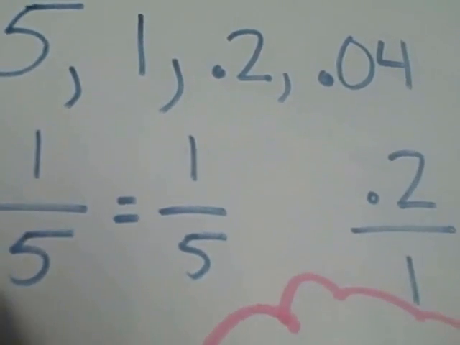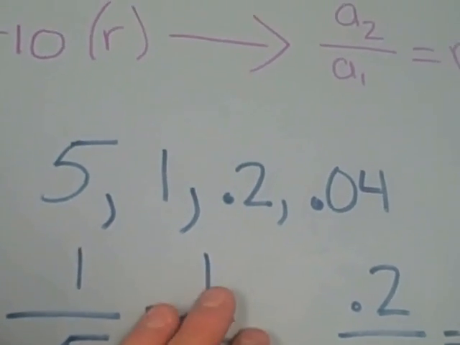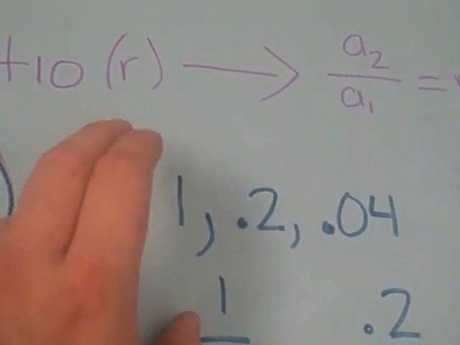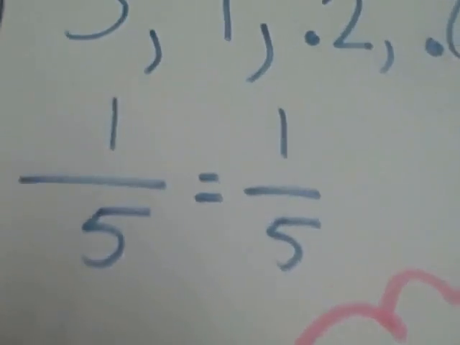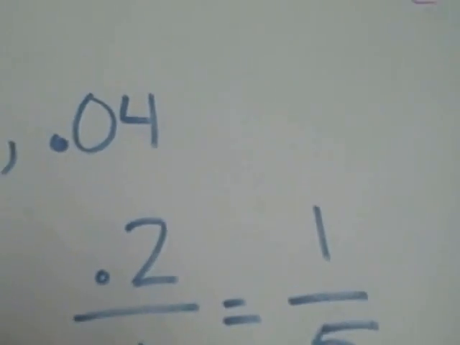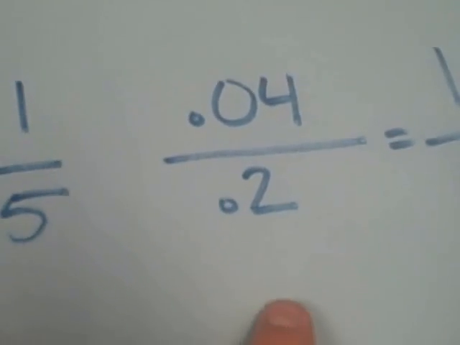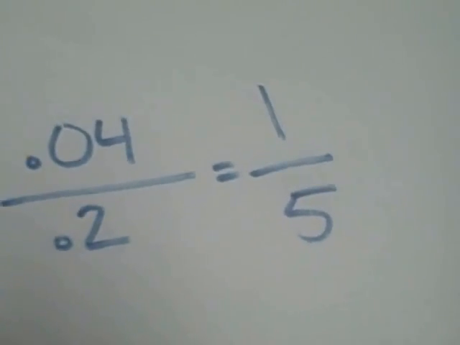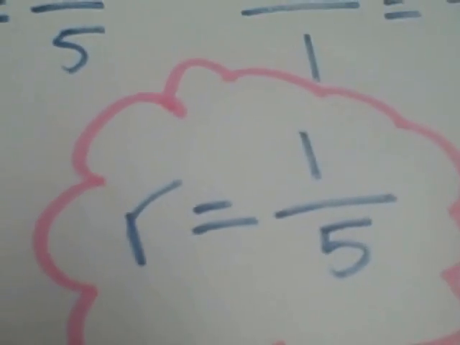You take two consecutive terms, and you take the one to the right and put it over the one to the left to find your ratio. Okay, 1 over 5, of course, is 1/5. 0.2 over 1 is also 1/5, and 0.04 over 0.2 is 1/5. So our ratio is 1/5, and this is a geometric sequence.